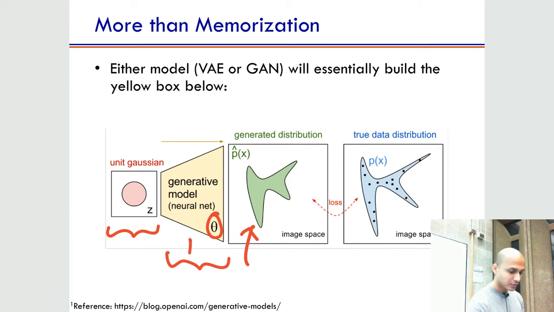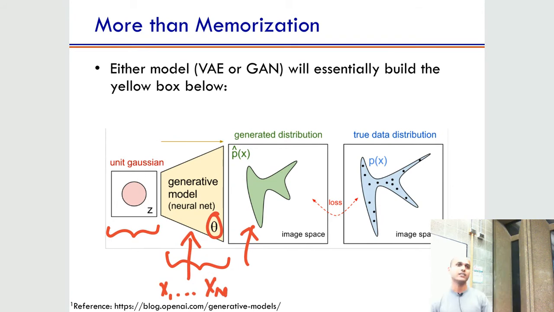So this yellow block is trained on some data, x1 to xn, maybe images or things like that. Somehow you train the theta, and once you fix the theta, you start from a source of randomness like a Gaussian, get a Gaussian vector z, pass it through this, and you get a point here, maybe this point or maybe that point, and that point corresponds to a new x new.